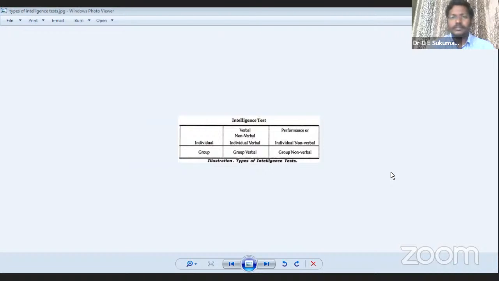Such tests are called verbal tests. When there is no use of any spoken language, maybe using symbols, signals, signs, or a pattern, for example the Standard Progressive Matrices test, called RSPM, Raven's Progressive Matrices test.